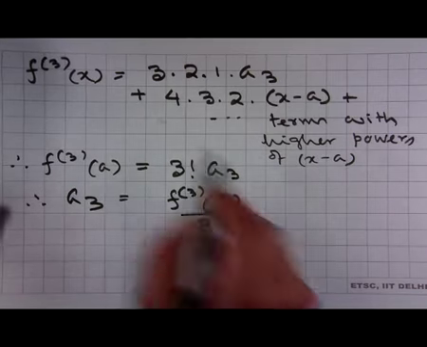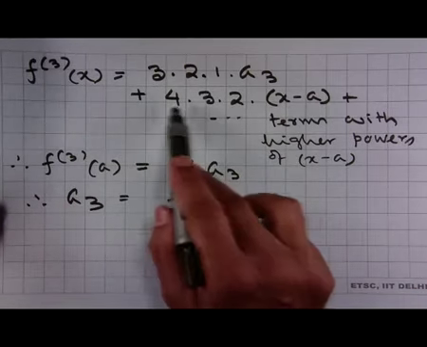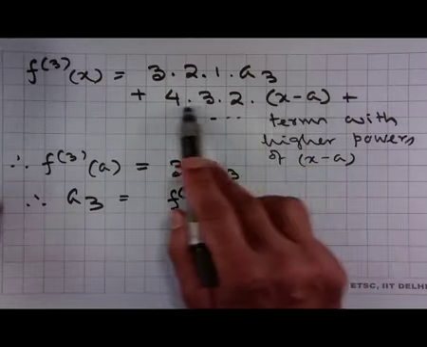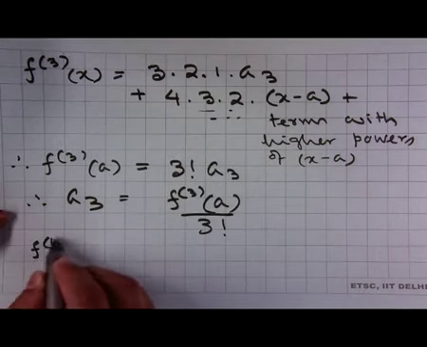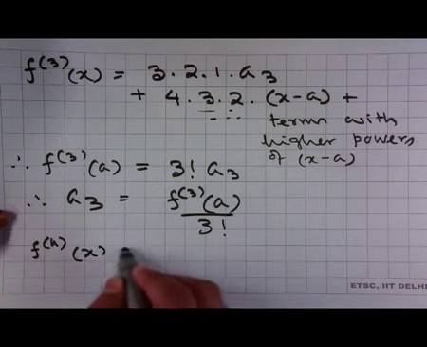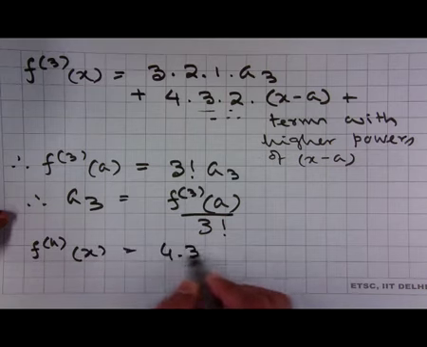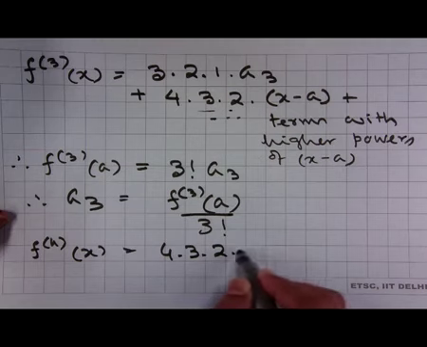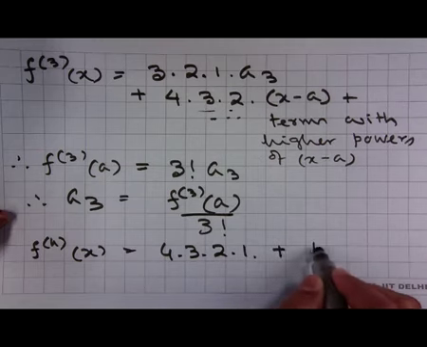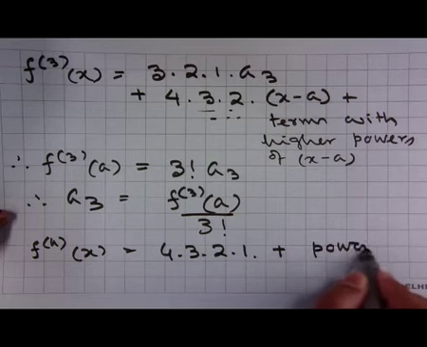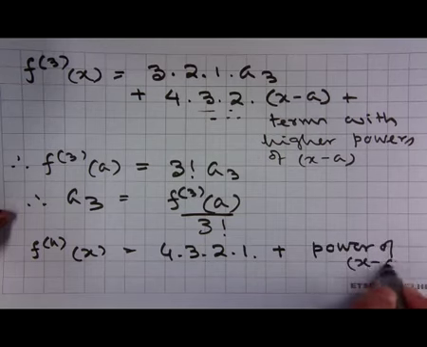In a similar way, if I differentiate it once more, I will get f4(x) is equal to 4 into 3 into 2 into 1 plus powers of (x minus a).